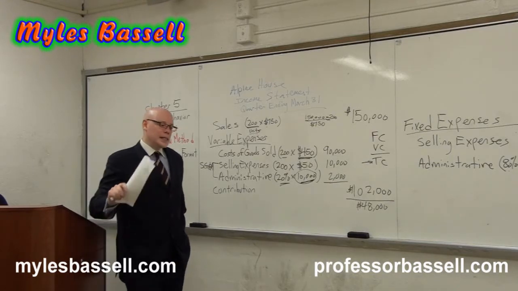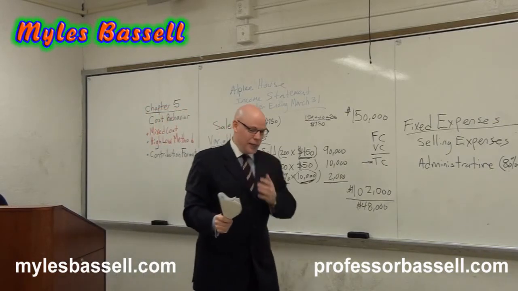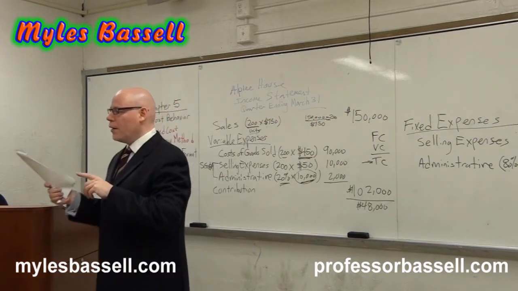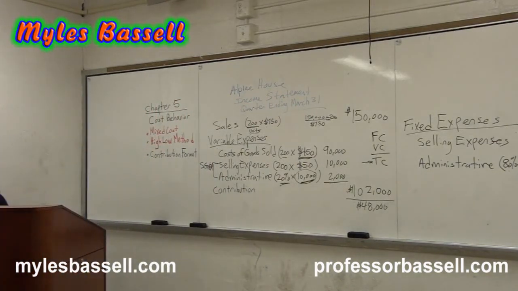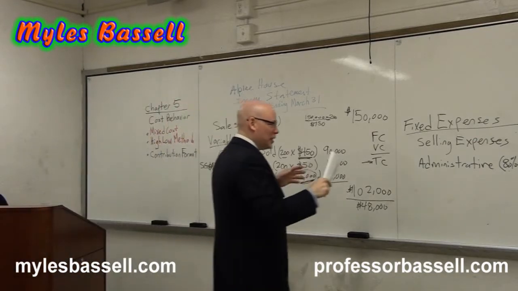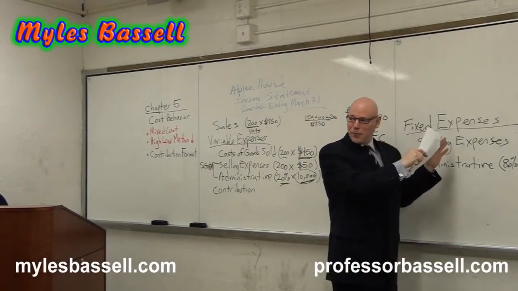Now remember, we're looking at this a little bit differently than we did in the past, because now we're trying to understand what's happening. I gave you a little bit of foreshadowing to this when I kept telling you, what happens if it's 48,000 units? Remember a couple of classes ago.